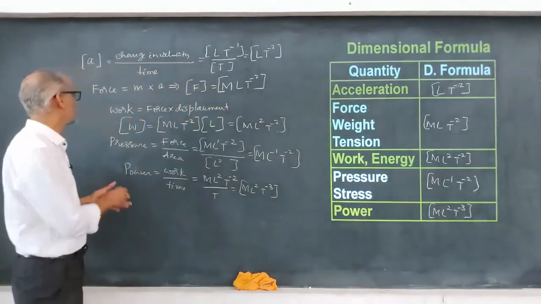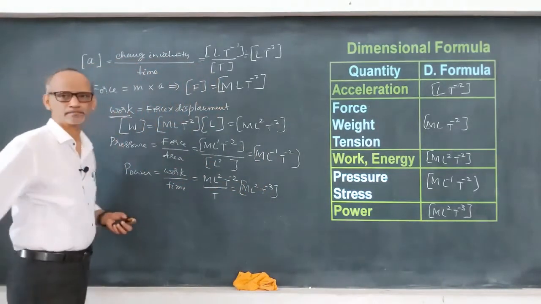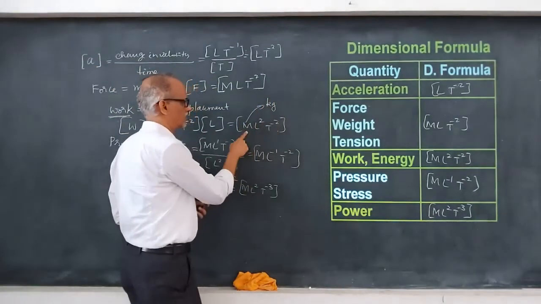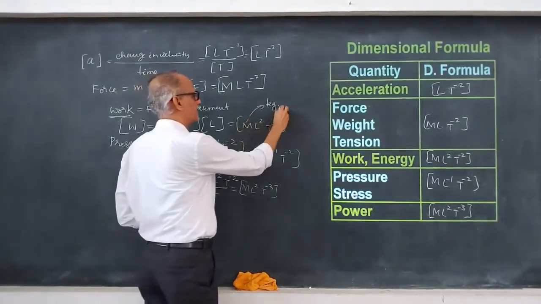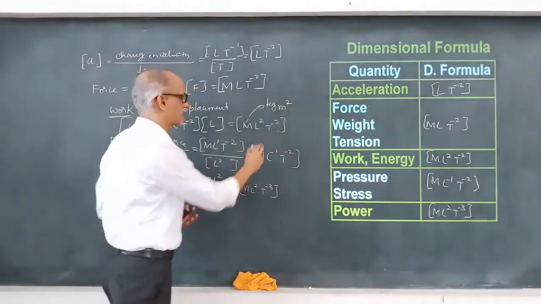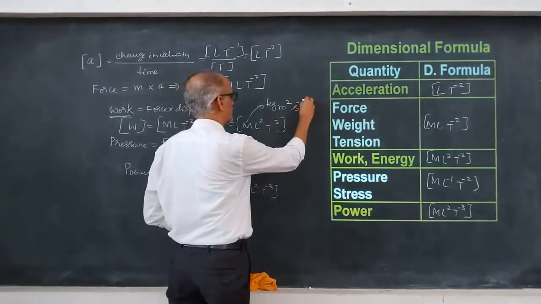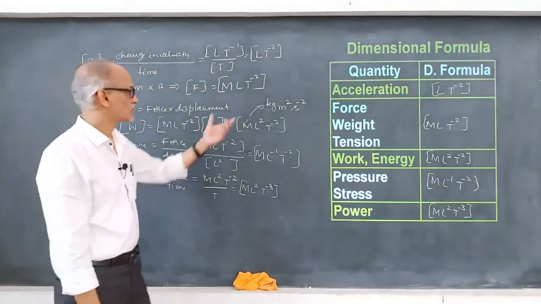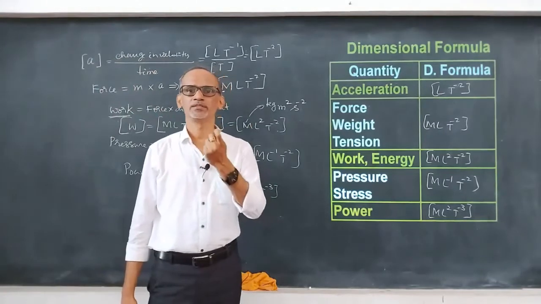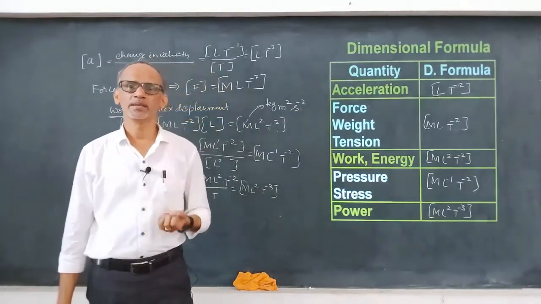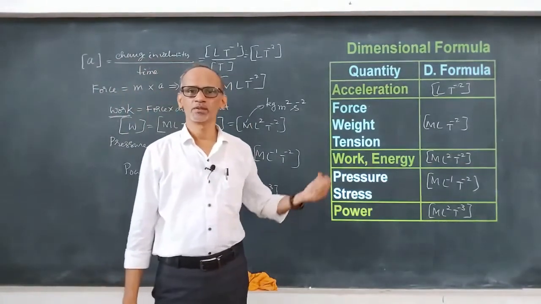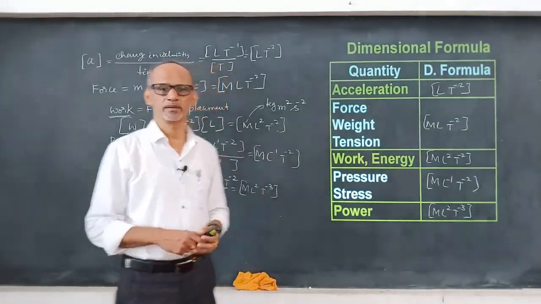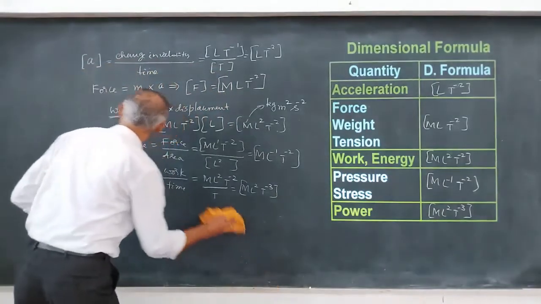For example, I want to write the unit of work: mass in kg, length in meter square, time, second to the power minus 2. That is the unit of work, and that is also equal to 1 joule, because joule is the basic unit. So using the dimensional formula, you can write the unit of any physical quantity very easily. Okay. All right.